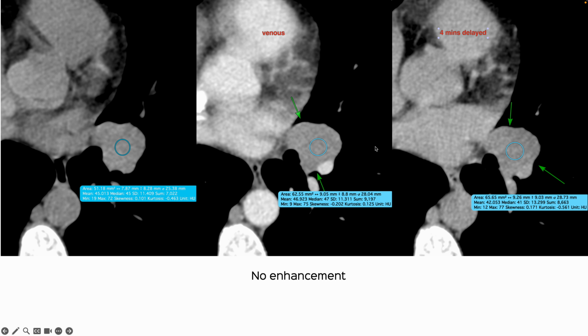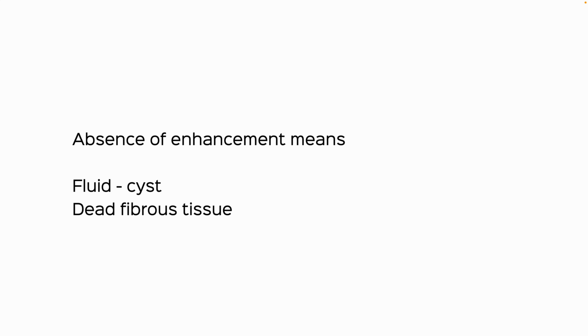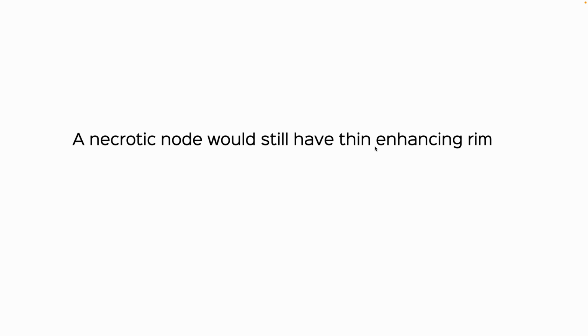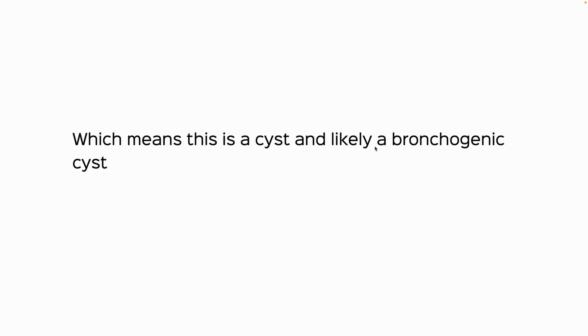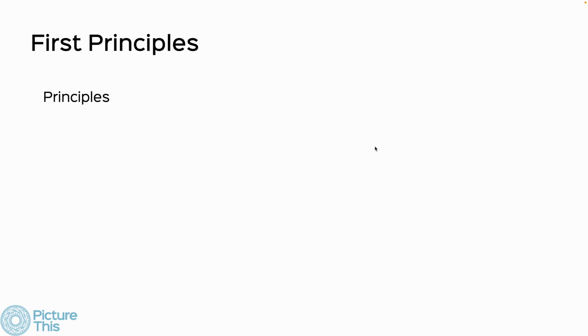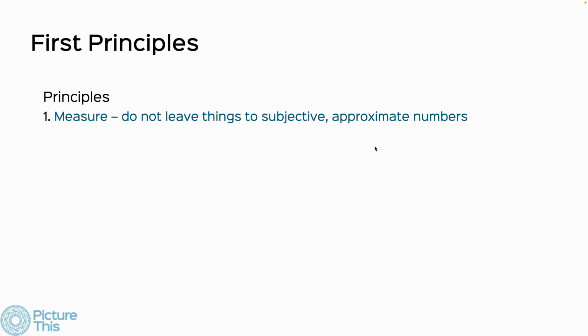When there is no enhancement, it means it's either fluid, that is a cyst, or dead fibrous tissue. It's not a necrotic node, because a necrotic node would still have a thin enhancing rim. Now, if this is a cyst, then this is likely a bronchogenic cyst. So that's our diagnosis.